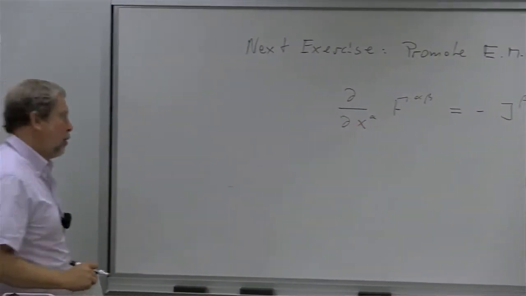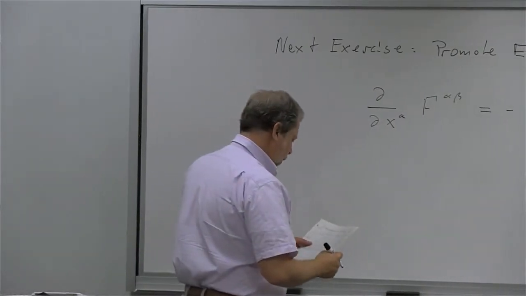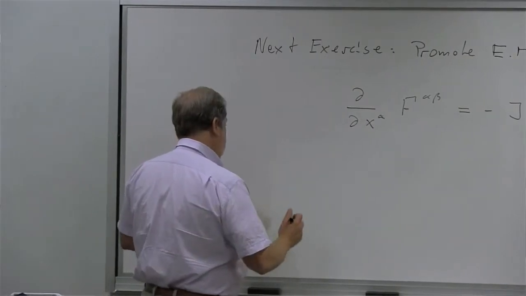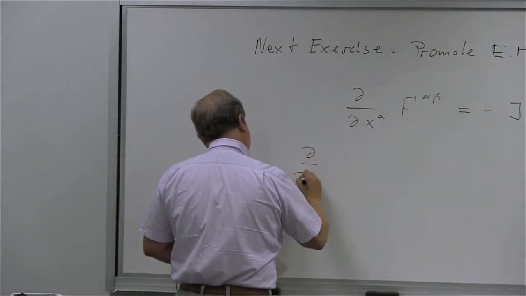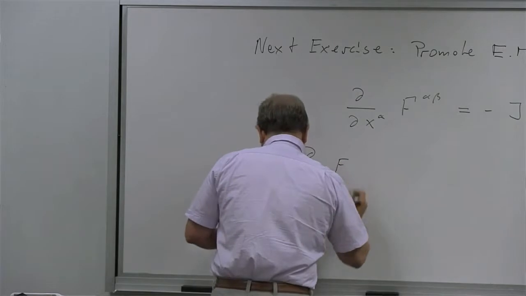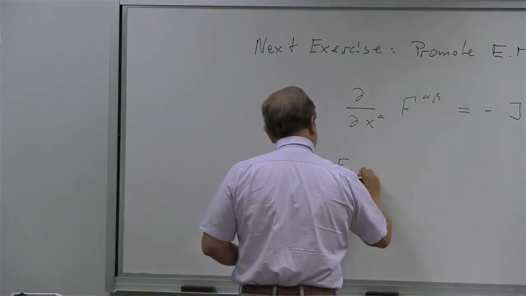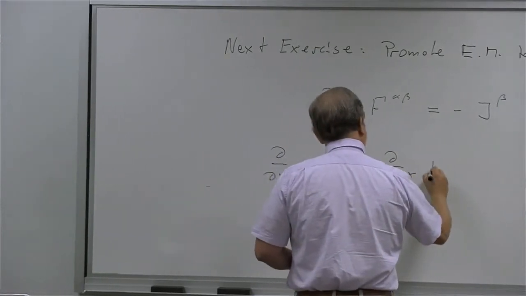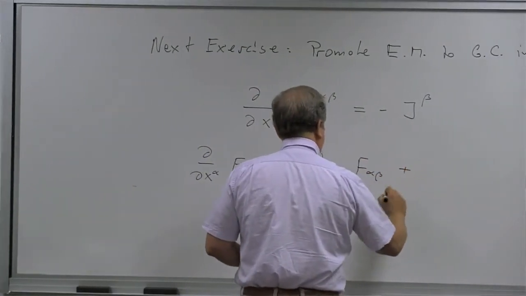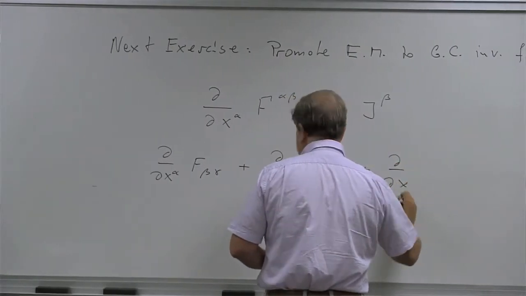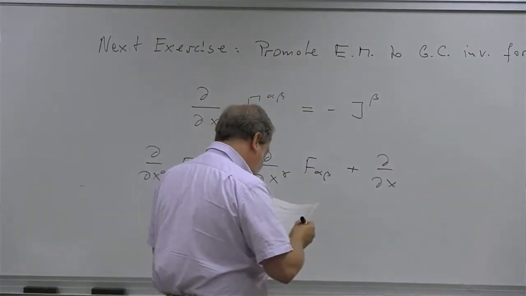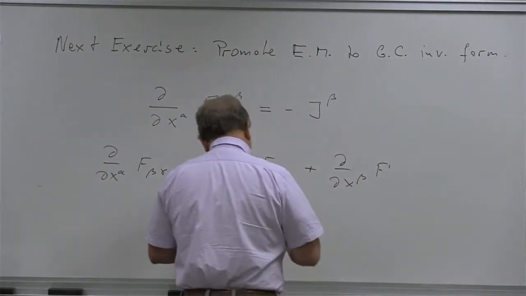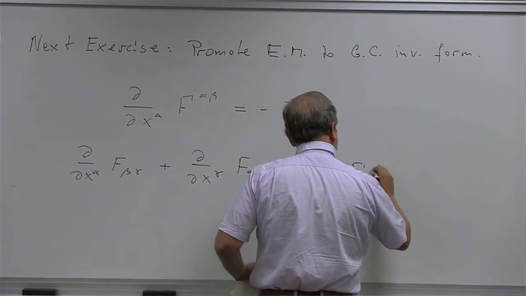And so these are the inhomogeneous equations for the electromagnetic field, plus the homogeneous one. So d by dx alpha of f beta gamma plus d by dx gamma f alpha beta plus d by dx beta f gamma alpha is equal to 0.